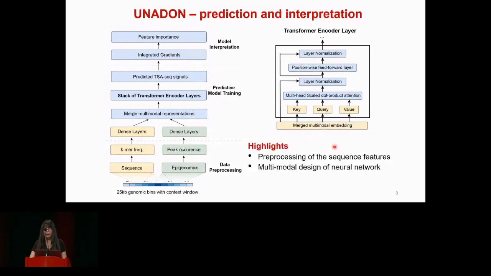Secondly, the multimodal design of the neural network allows it to learn the sequence and epigenomic features separately. Thirdly, the multi-head attention mechanism inside the transformer encoder module allows the model to capture the crucial long-range dependencies between the genomic bins.